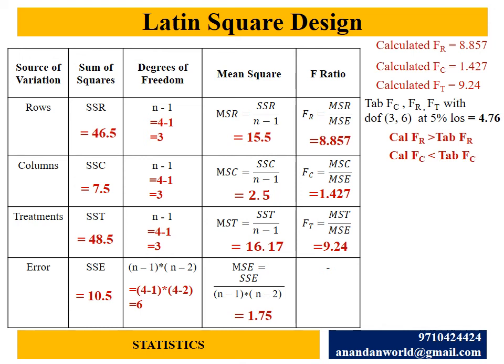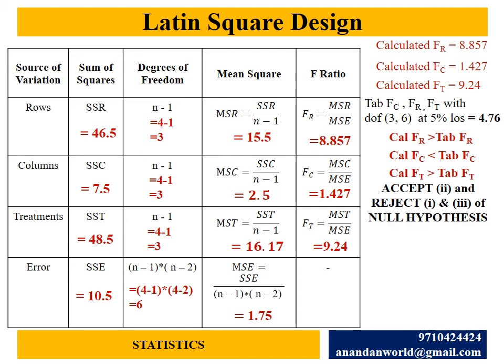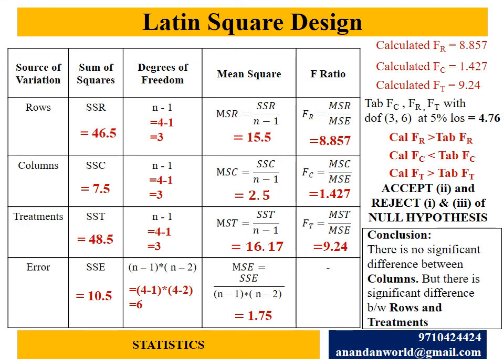Calculated FC is less than tabulated FC, but calculated FT is greater than tabulated FT. So we accept the null hypothesis for columns but reject it for rows and treatments. So we conclude that there is no significant difference between the columns, but there is a significant difference between the rows and treatments.